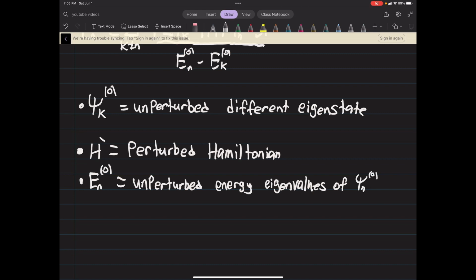And same thing with k, E sub k, I mean. And those are your other states, besides the one that we're looking to find the corrections for.